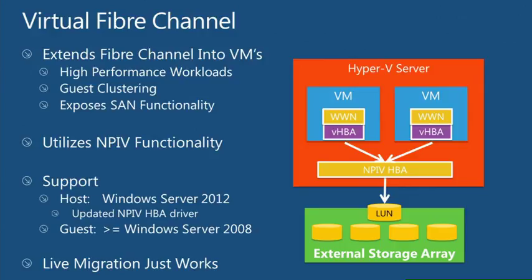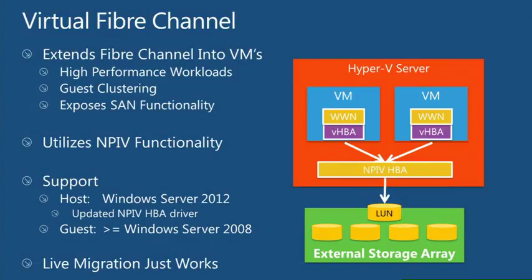We have worked with the HBA manufacturers to seamlessly integrate the NPIV feature. So you need an NPIV-capable HBA, and as long as you have that, the Hyper-V host will recognize it and allow you to surface those virtual functions into the guest as virtual HBAs.